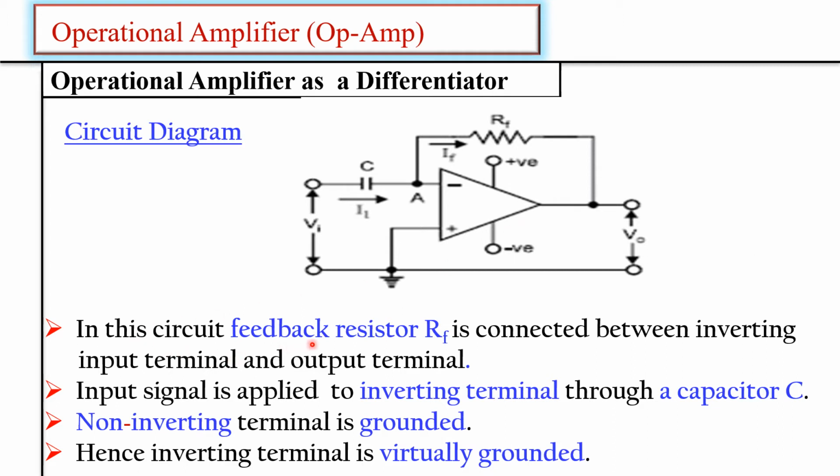The input signal is applied to the inverting terminal through the capacitor C. The non-inverting terminal is grounded, and hence the inverting terminal is virtually ground. Clear?